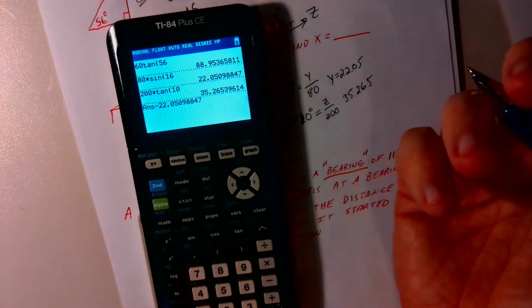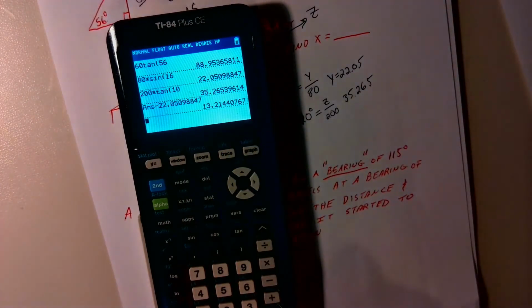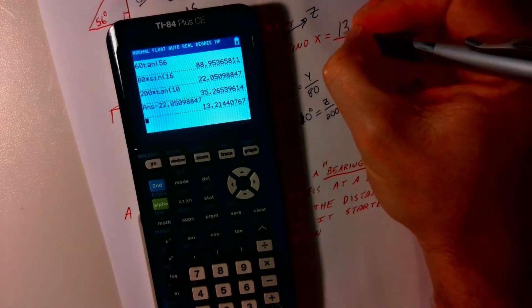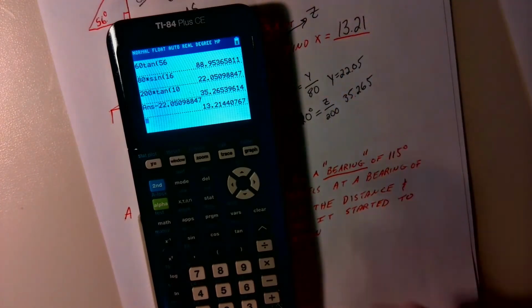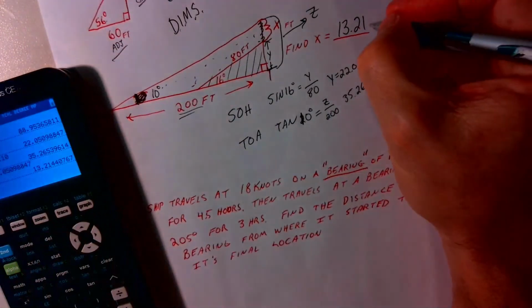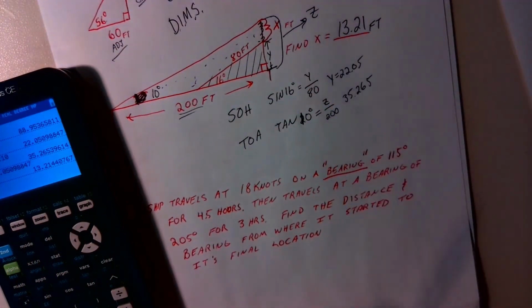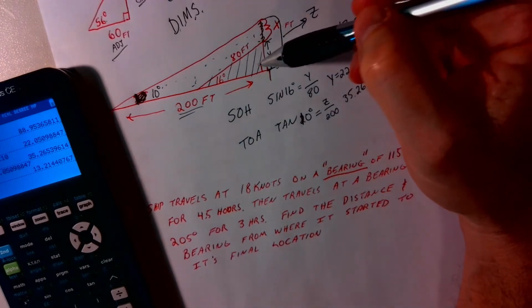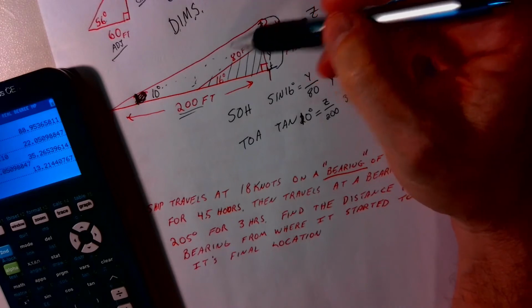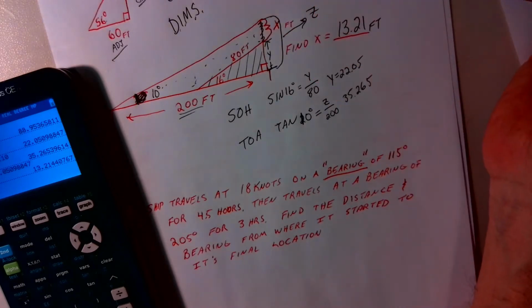Remember, you can store it if you like to and do it that way. So 13.21 feet is how long that little distance is right up there. Okay, so that one has a little bit more complicated stuff to it. Sometimes you're going to have to do part of one thing to be able to use it with part of another thing to get to your final answer.